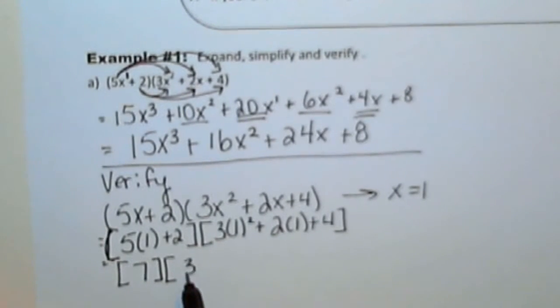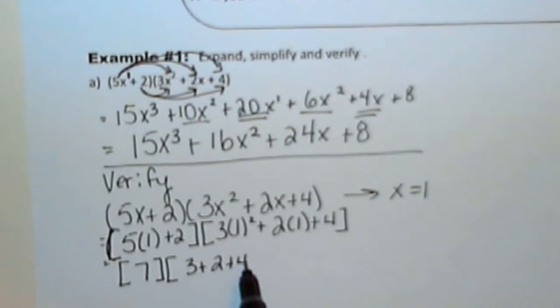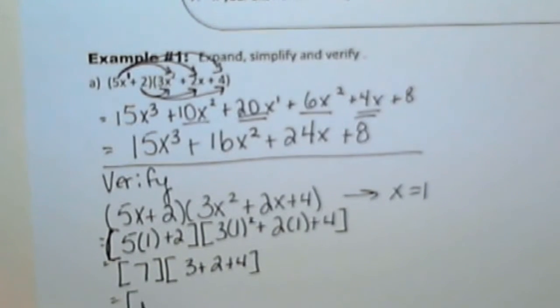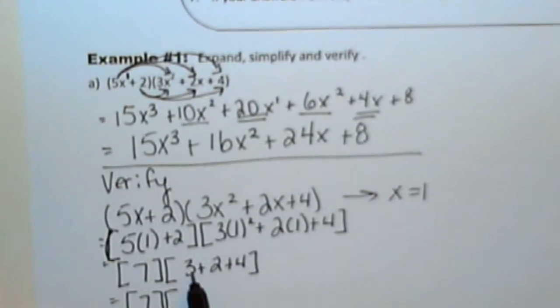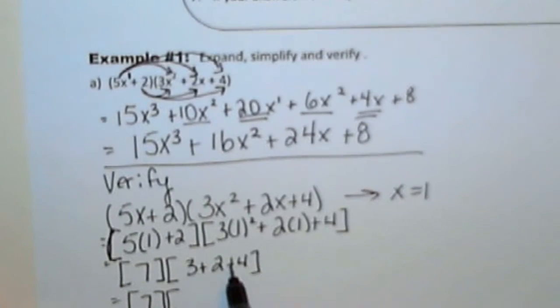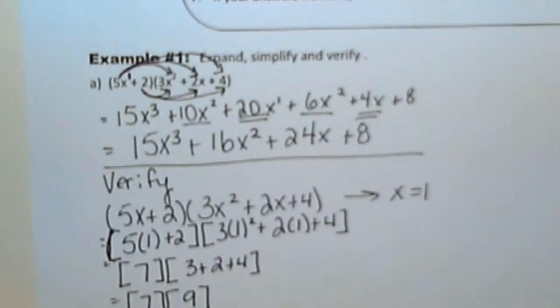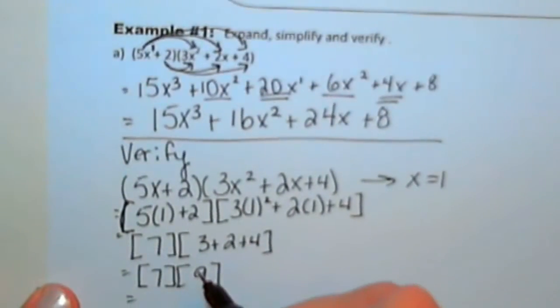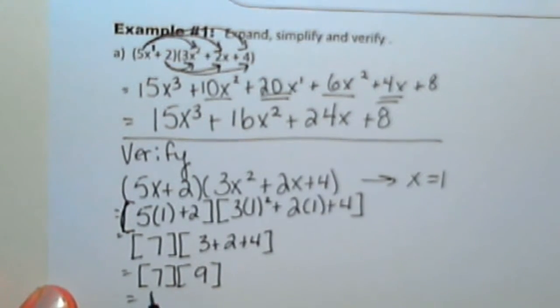And inside here I'm going to have 3 plus 2 plus 4: 3 plus 2 is 5, plus 4 is 9. And 7 times 9 is 63.